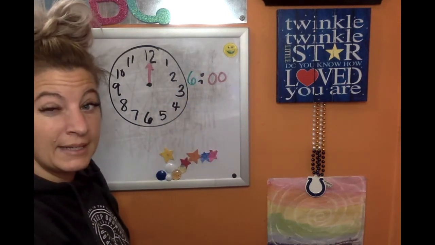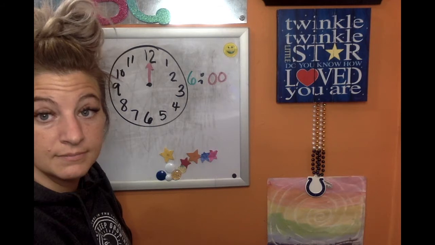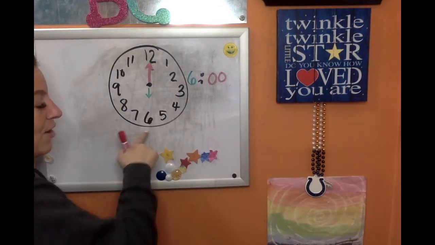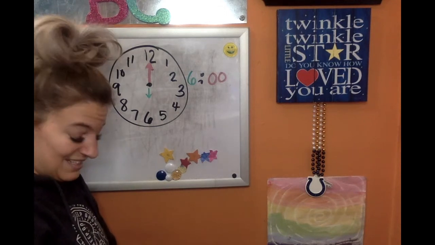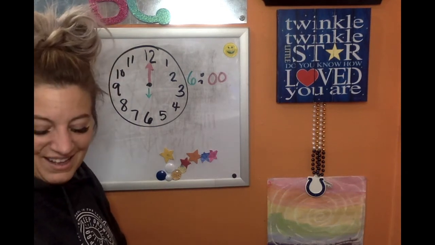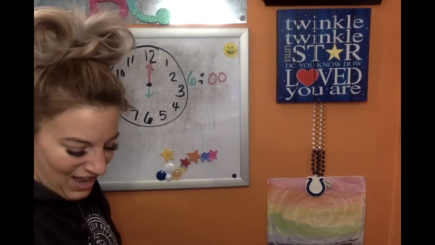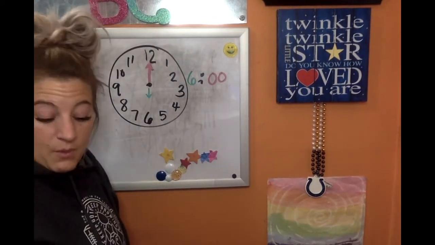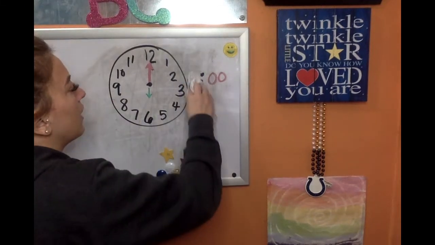So where do we need the hour hand to point? To the 6. Can you draw an arrow pointing to the 6 to make it say 6 o'clock? Good job. Okay, the next one, it wants us to do 1 o'clock.